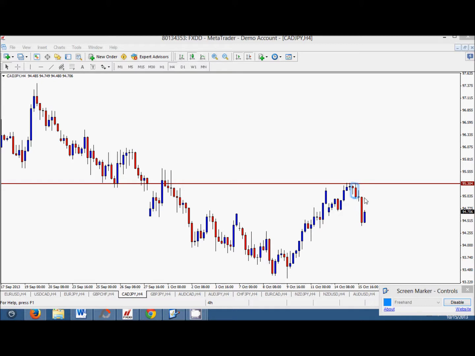As you can see, prices stopped at this resistance zone and respected it just like we were predicting, and now prices have dropped down. So overall, this is a good trade setup that I was predicting from last week, something that I gave you guys to look for this week, and it actually did come out like we expected.